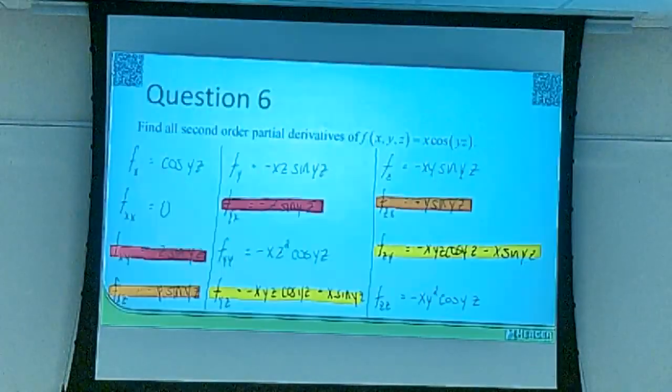Use Clairaut's theorem to your advantage. Let's say you're given a 7-variate function, and you're asked to find a 4th order mixed partial. Use Clairaut's theorem to your advantage, because a lot of times, a specific order might eliminate terms.